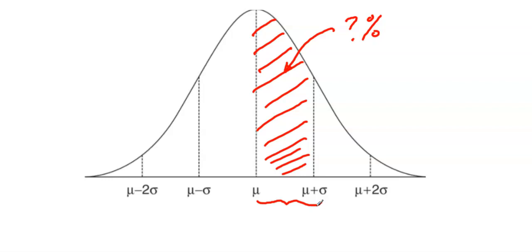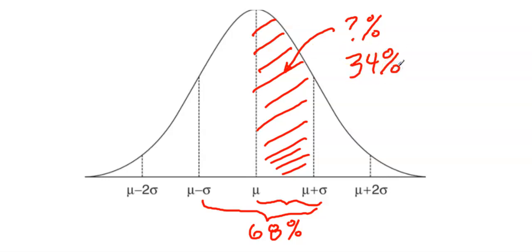That shouldn't be too hard if you think about it, because we know that from mu minus sigma to mu plus sigma, that's 68%. And I've shaded just half of that 68%. So the answer is 34%. Okay?